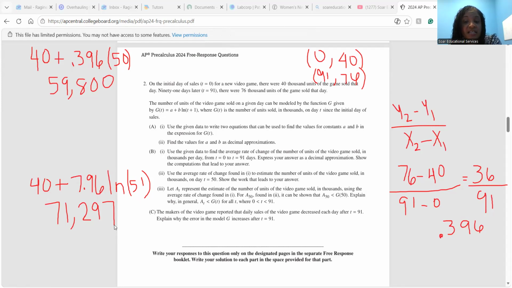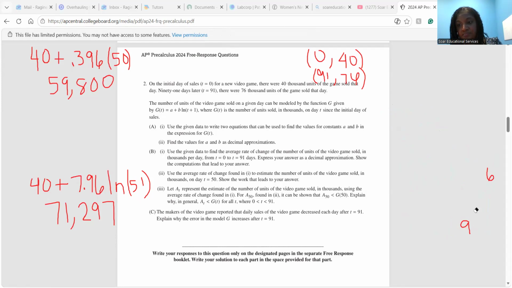So it says explain why. Well, that's because this particular graph, if I just draw a rough estimate of it, is a natural log graph. So natural log graphs have these curves. So we can expect something like this.